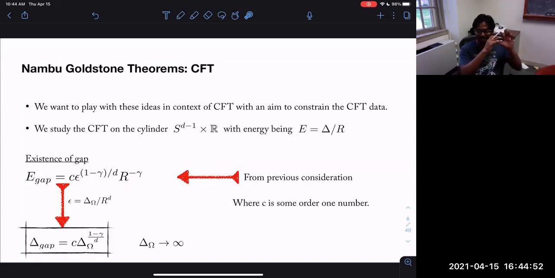So basically the capital L, the size of the box, gets replaced by the radius of the spatial sphere.